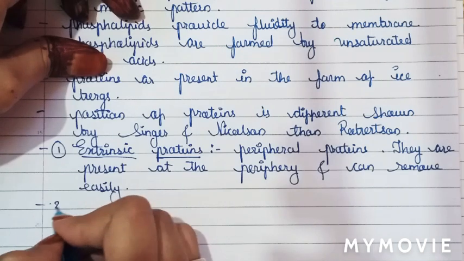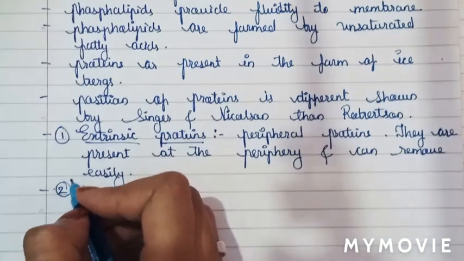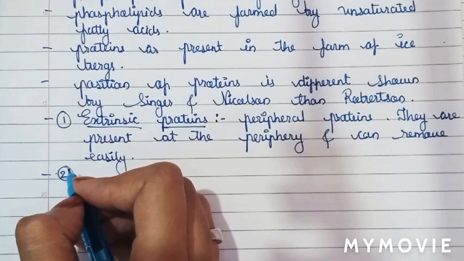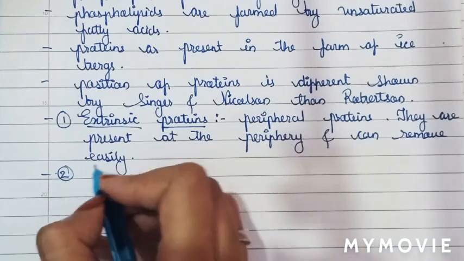And the second one we will see is the intrinsic protein. Intrinsic proteins are also known as integral proteins. They cannot be removed easily because they are the stable proteins.